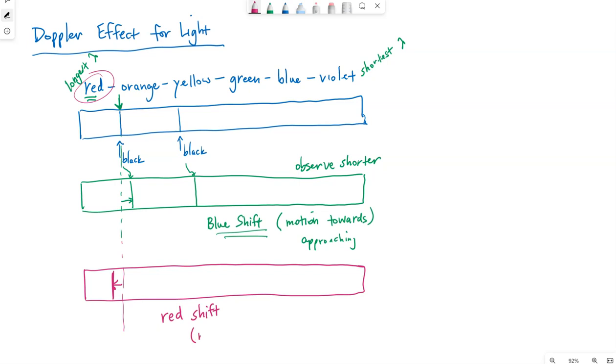This is for motion away, which is also called receding. And so when we talk about red shifted light or blue shifted light, this would be in the field of astronomy. We can get an idea of the component of the motion of the star or whatever it is we're looking at, how fast it is traveling.